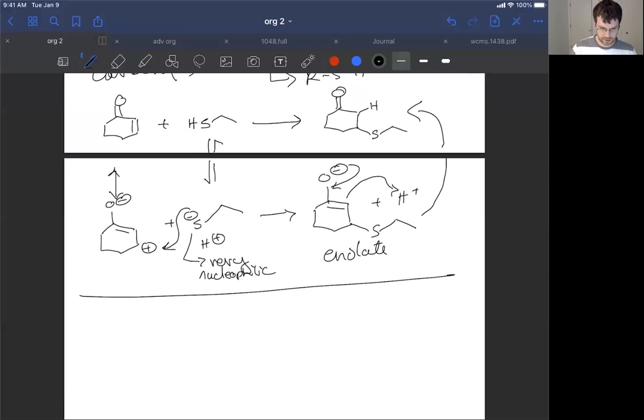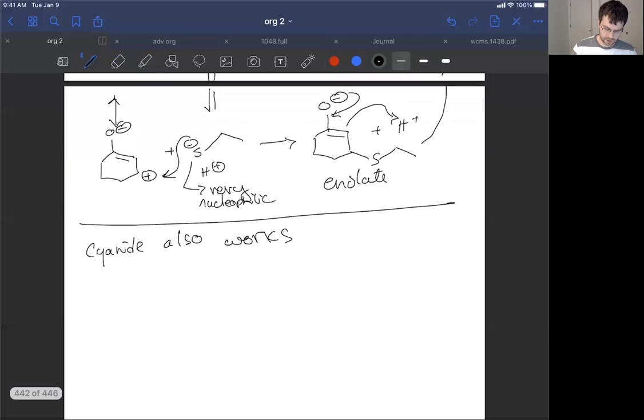Okay, another example, cyanide also works. Cyanide also works, where cyanide is CN minus, negative on carbon. So we could do the same reaction.